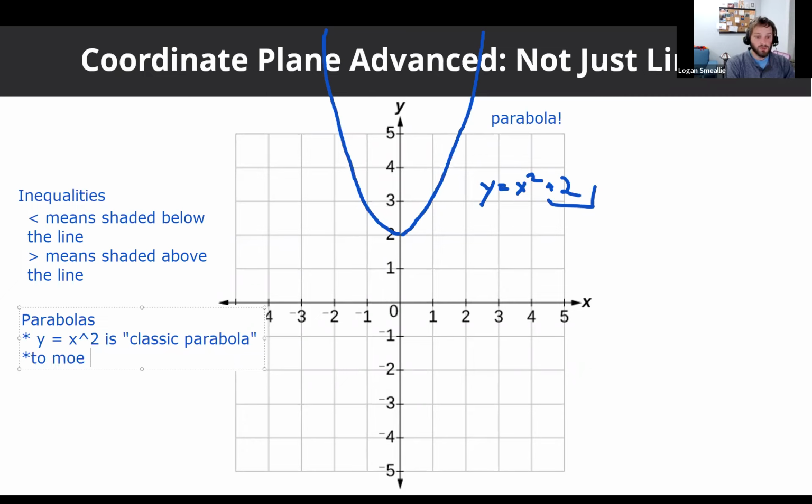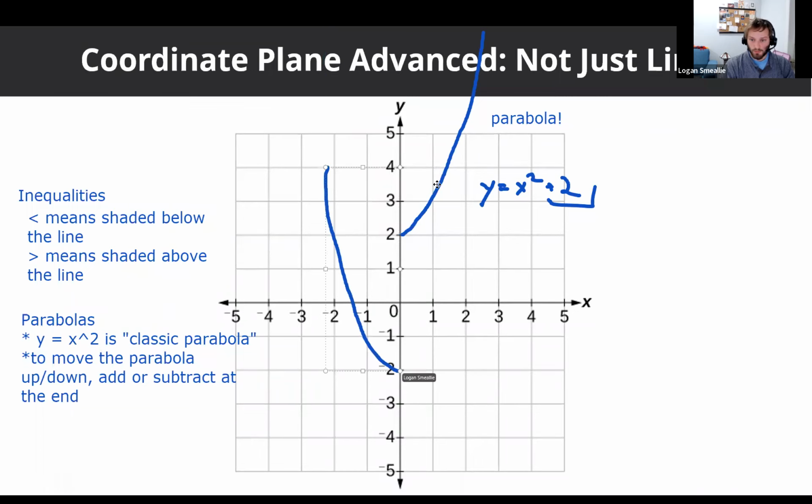To move the parabola up and down, add or subtract at the end. So just plop on +2 at the end of the entire equation. If I moved it down here, whoop, it would be -2. Right? Change that plus to a minus.